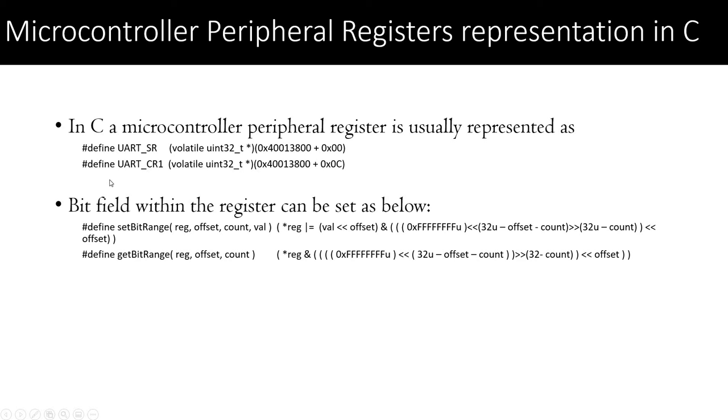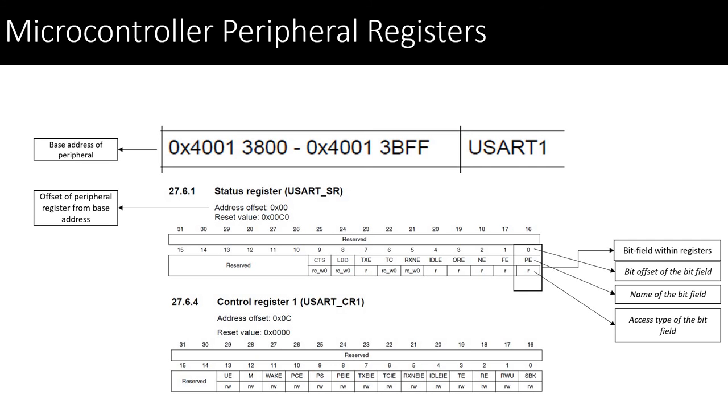Now, in order to set certain bit fields within a given register, the macros set bit range and get bit range are implemented, which use the register, which is the USART SR define, then the offset, which you can see from the previous slide in the diagram.